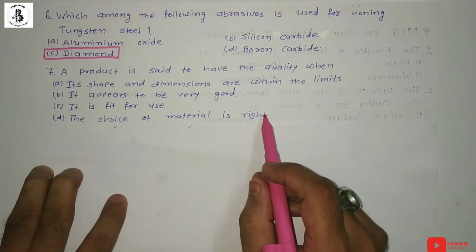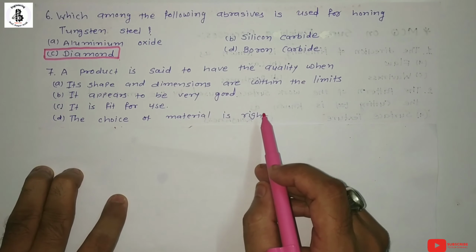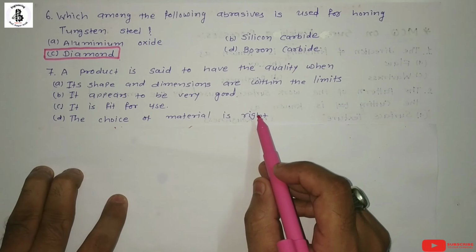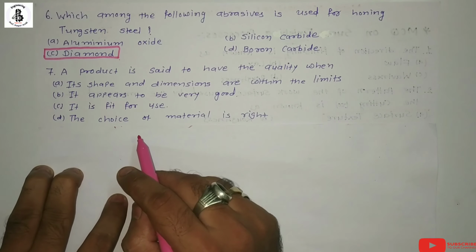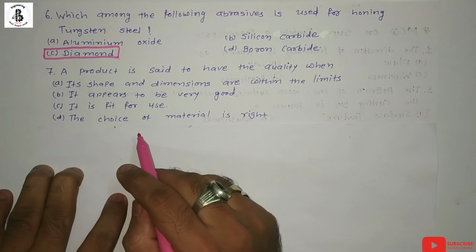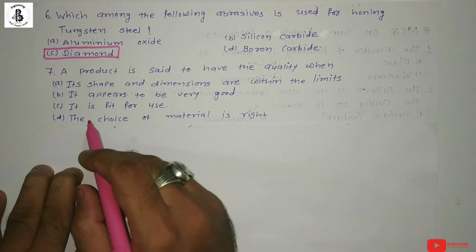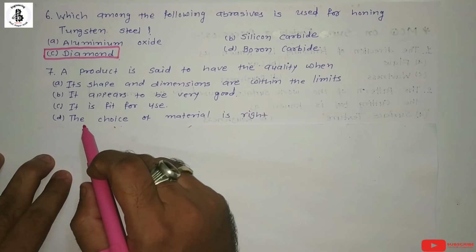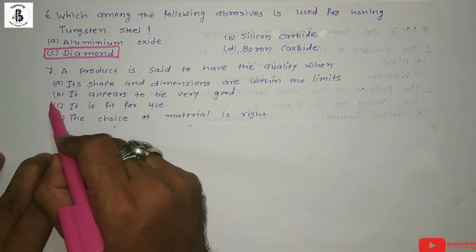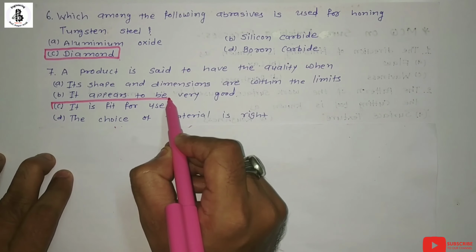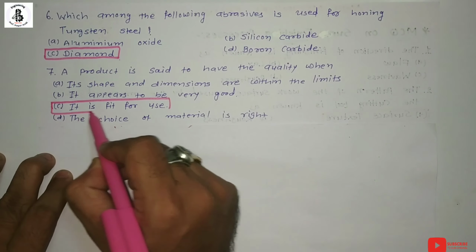Basically a product is said to have quality when it is fit for use in its application. All products must be fit for use. That is the necessary condition for each and every product. So the option C, it is fit for use.